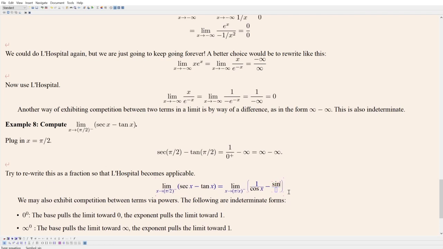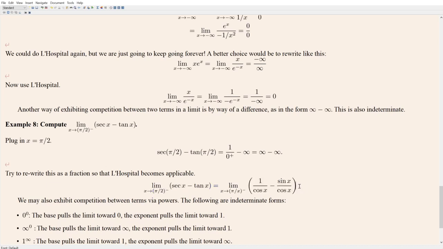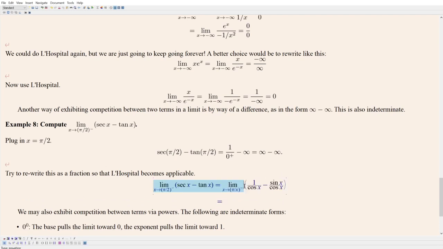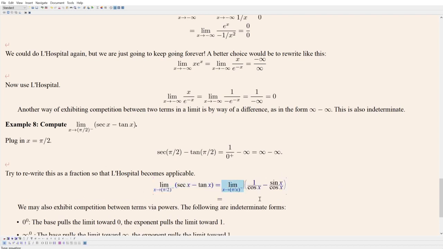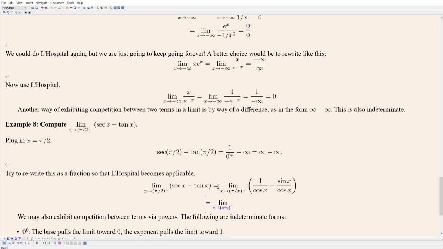Tangent is the same as sine over cosine. So how convenient. The denominator is the same. So we can go ahead and combine these guys. So the denominator is cosine, and the top is 1 minus sine.